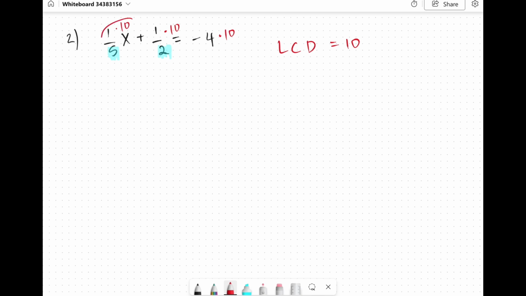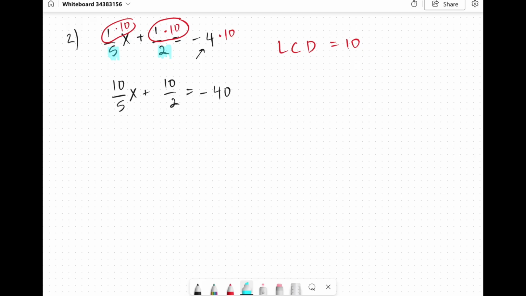So the first fraction is now 10 over 5 with an x. The second fraction is now 10 over 2, and that one doesn't have an x. And then after the equal sign, where I used to have my negative 4, I now have negative 4 times 10, which is negative 40.